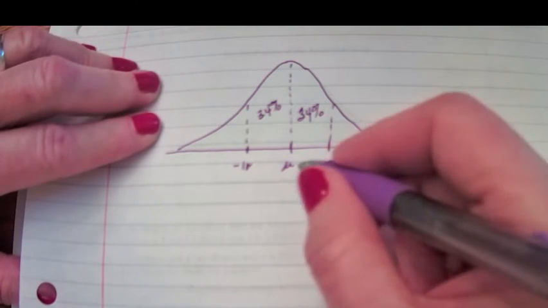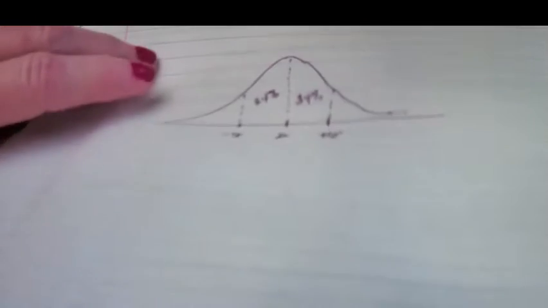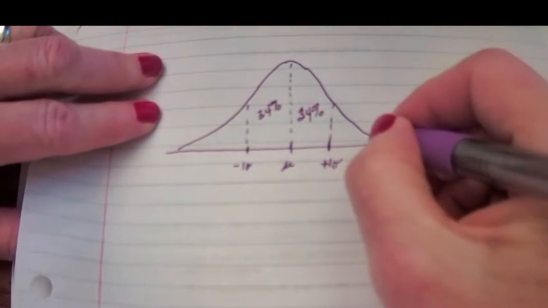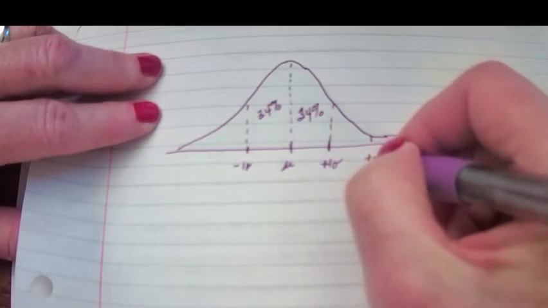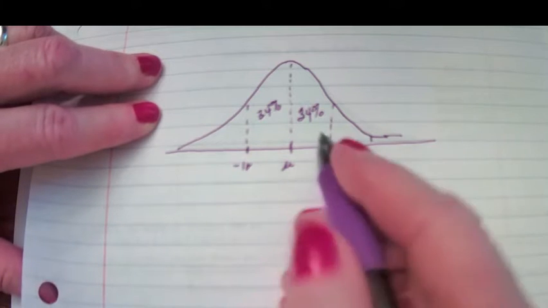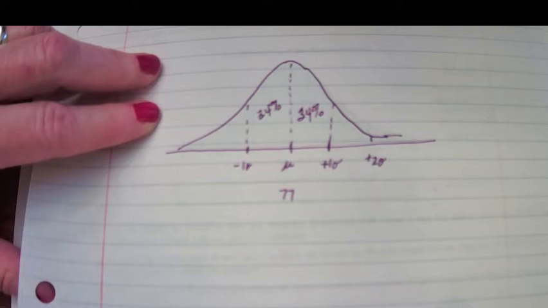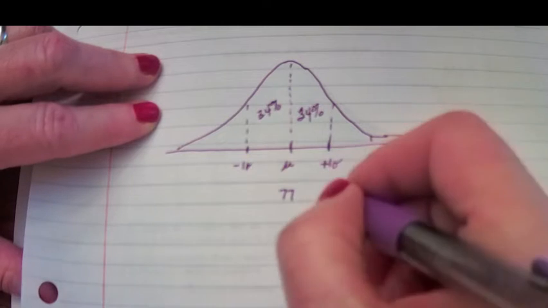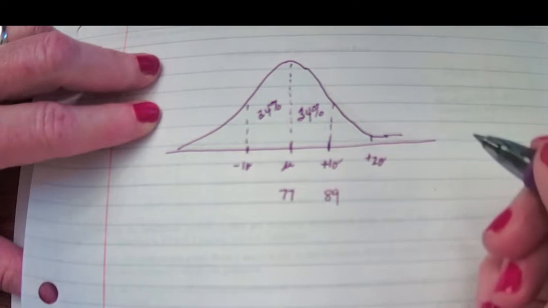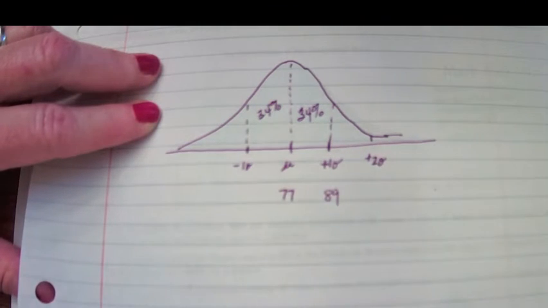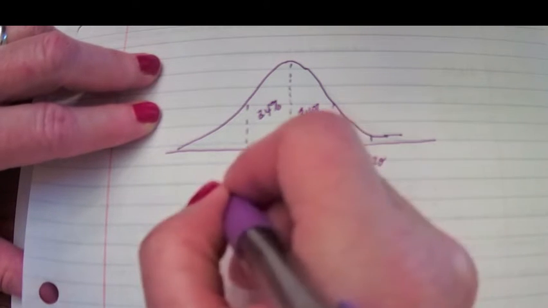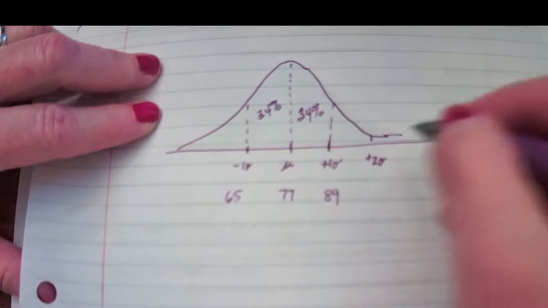So furthermore, if you go out 2 standard deviations, let's go out here, plus 2 standard deviations. So if we had test 1 was 77, was our mean, 77 plus 12, 1 standard deviation brought us to an 89. 77 minus 12, another standard deviation, that would bring us down to 65.